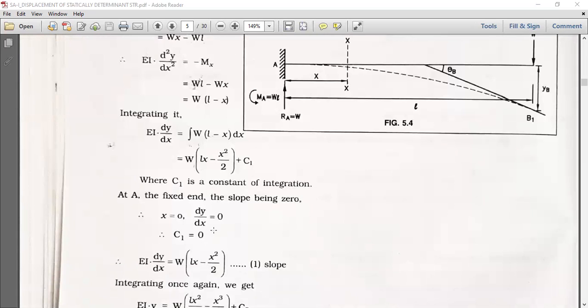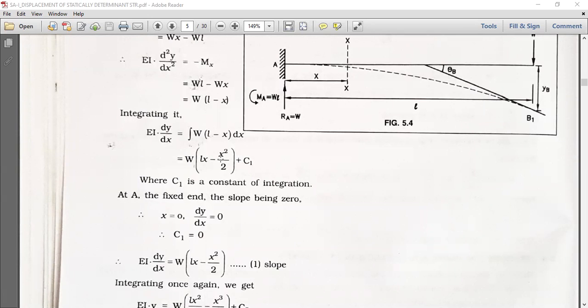Now to get slope, we have to integrate it once. EI into dy by dx is equal to integration W in bracket L minus x bracket into dx. To simplify it, put the W out.